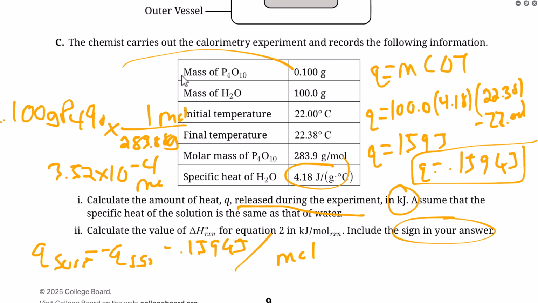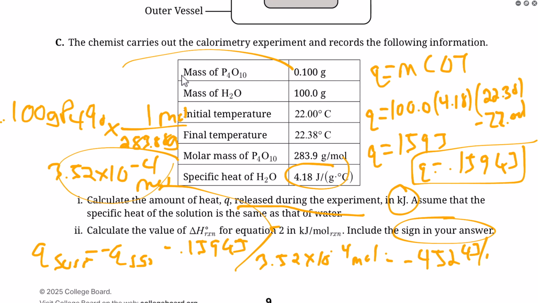We're going to take that mole value and move that down here. So what we end up with is 0.159 kilojoules divided by 3.52 times 10 to the negative fourth moles, and I will get my enthalpy change. And I get a value that is negative 452 kilojoules per mole.